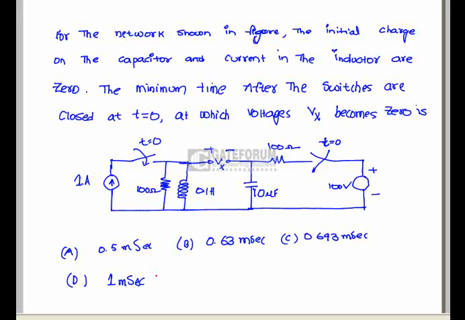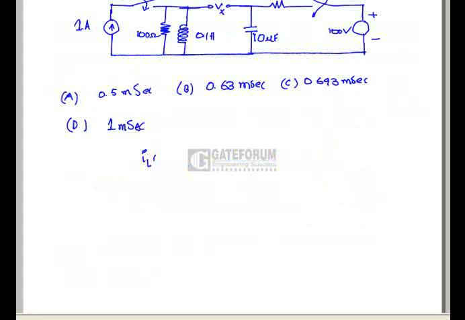Question is, for the network shown in the figure, the initial charge on the capacitor and the current in the inductor are 0. The minimum time after the switches are closed at t equals to 0, at which voltages Vx becomes to 0. Here, the given data is IL of 0 equals to 0, Vc of 0 equals to 0.